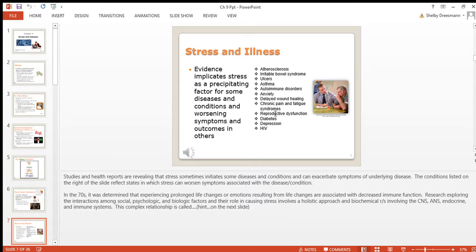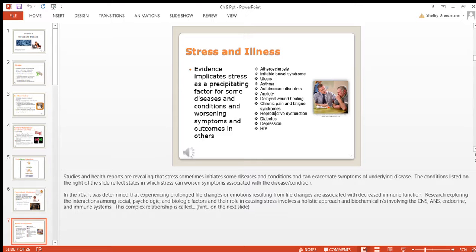Studies and health reports reveal that stress sometimes initiates some diseases and conditions and can exacerbate symptoms of underlying disease. There are some conditions listed on the right. In the 70s, it was determined that experiencing prolonged life changes, or emotions resulting from life changes, is associated with decreased immune function.